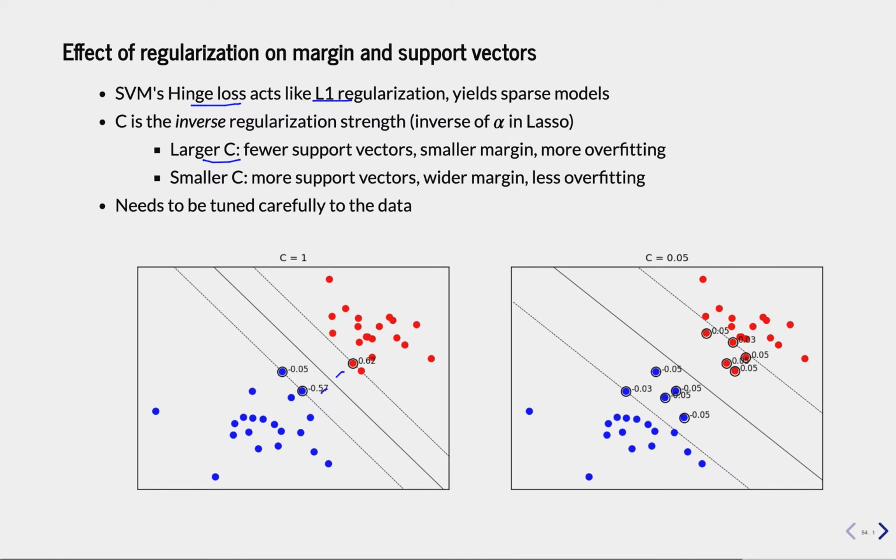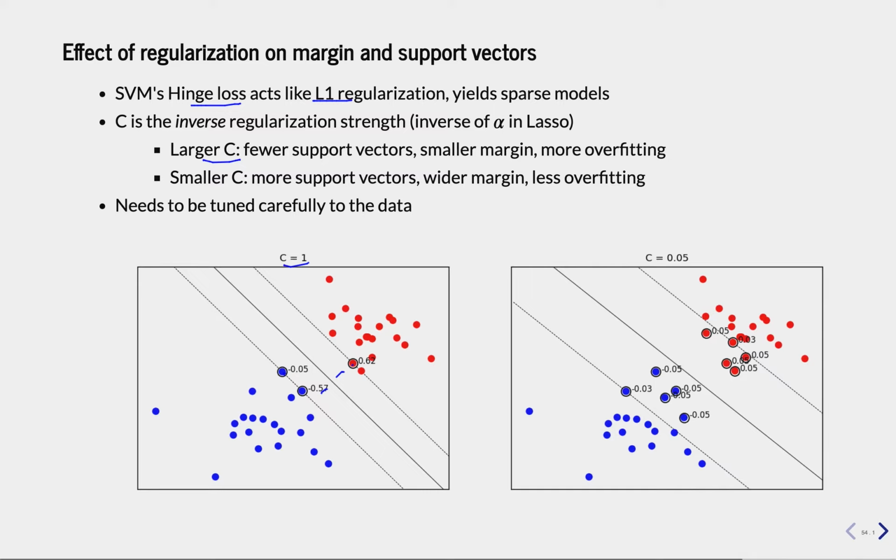So this is like having a large alpha value. If alpha was large, many coefficients were 0. Right? Similarly here, if C is large, then all the weights of the points will be 0 except for these 3 points here.